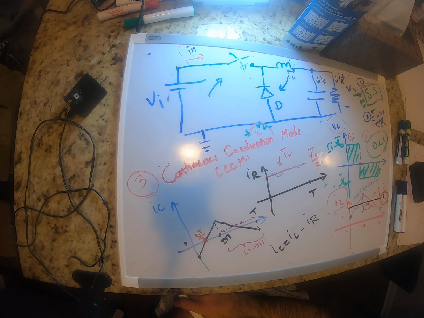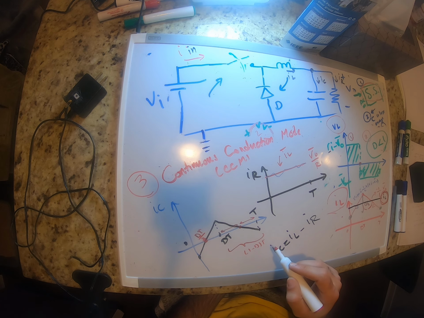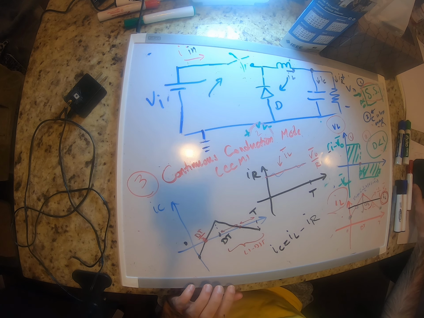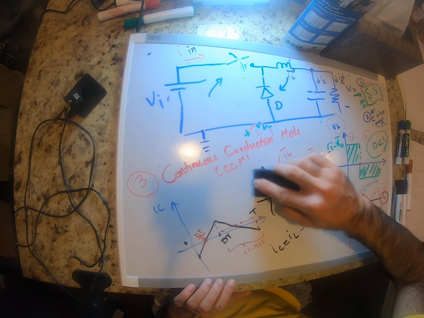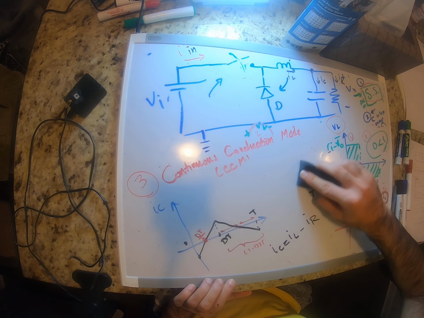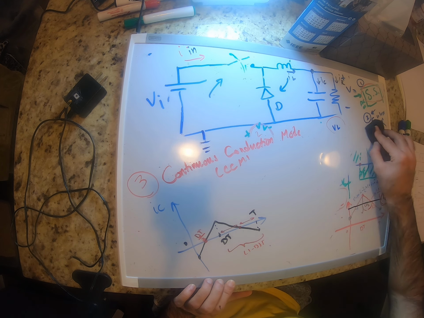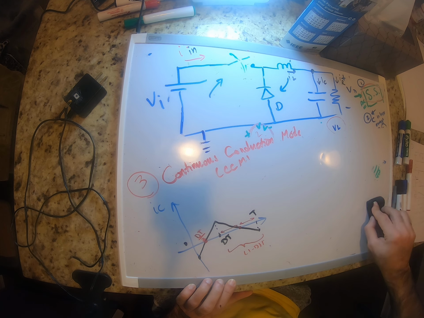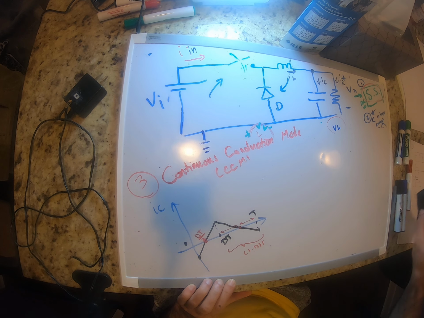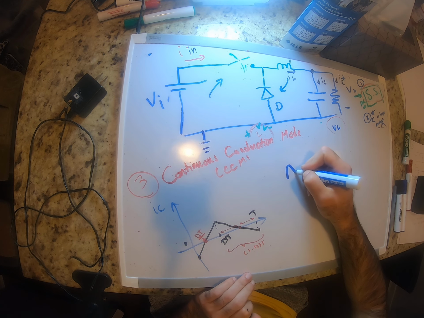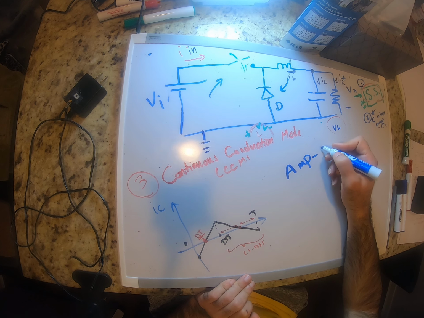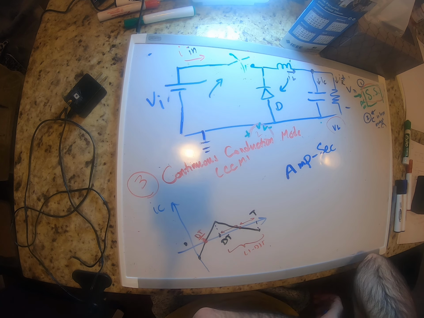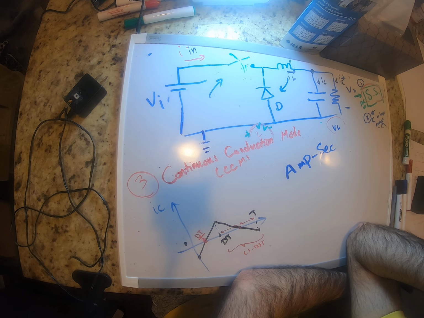Let's do an analysis for the capacitor current here. I'm just going to erase this one, and this one as well. What does amp-second balance tell us about the capacitor current?